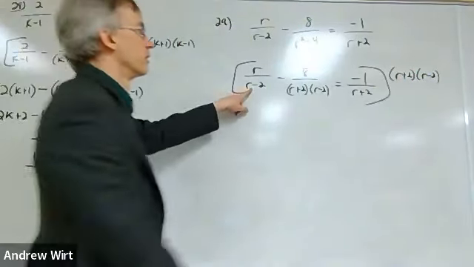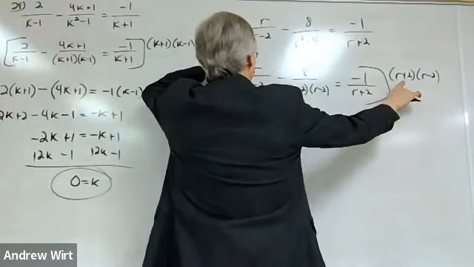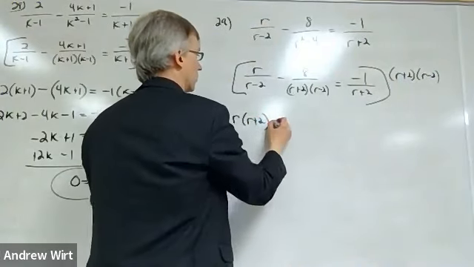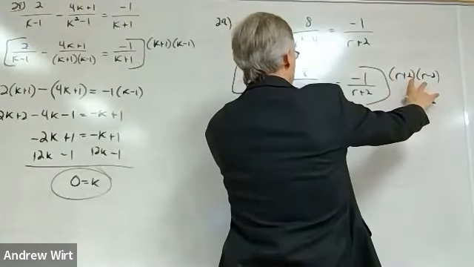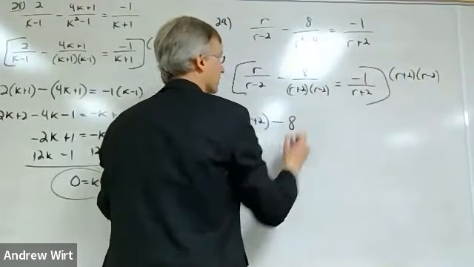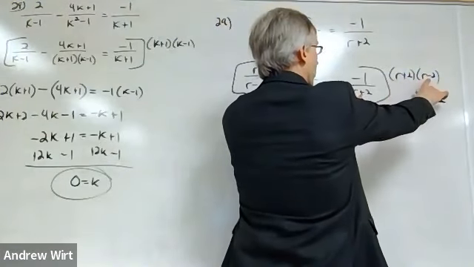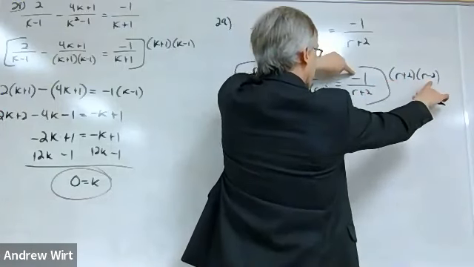All right, first fraction. The r minus 2's cancel, leaving r times r plus 2. Minus. Second fraction, both of these binomials cancel, leaving just 8, so minus 8. Equals, here the r plus 2's cancel, leaving negative 1 times r minus 2.